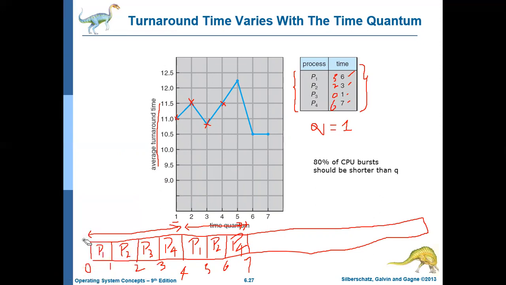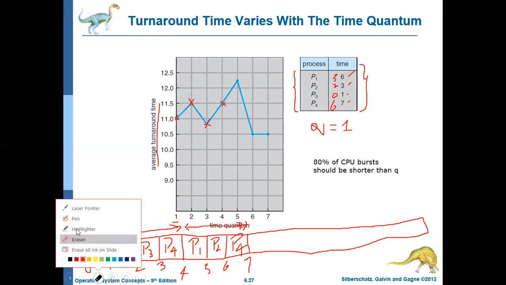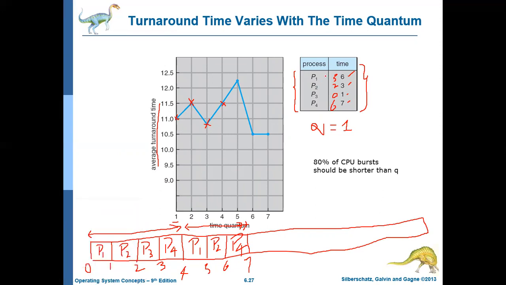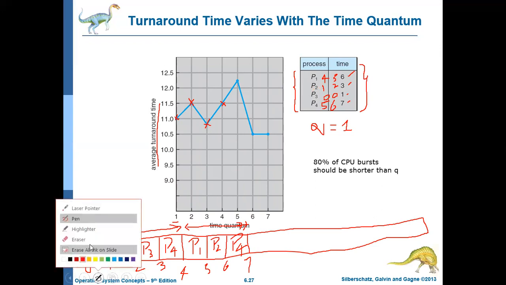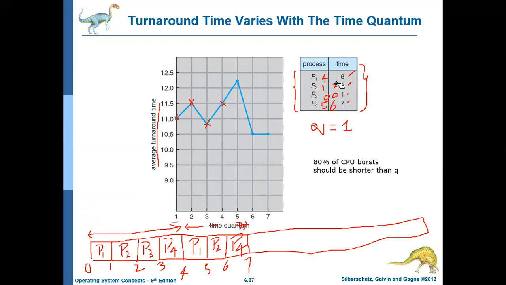After round 2, P1 will have 4 milliseconds left over. P2 will have only 1 millisecond. P3 has already completed, and P4 will have 5 milliseconds. So this is the remaining time required.